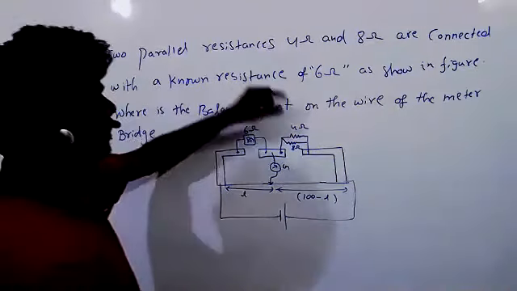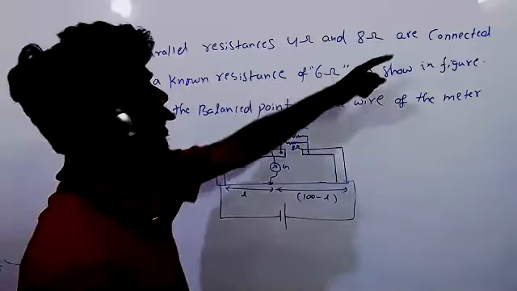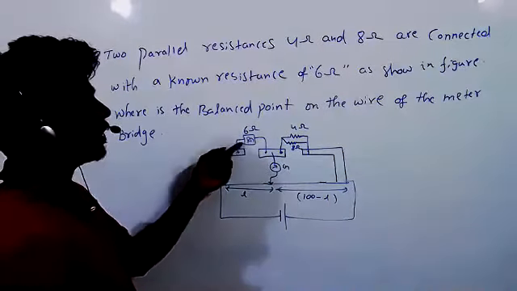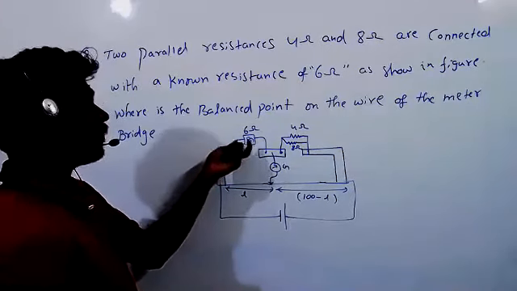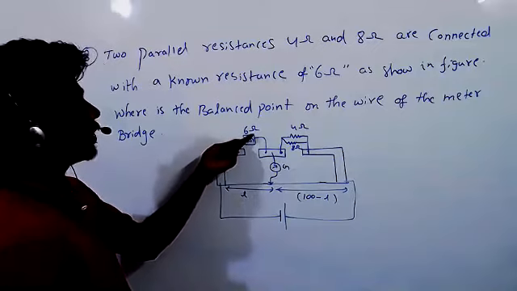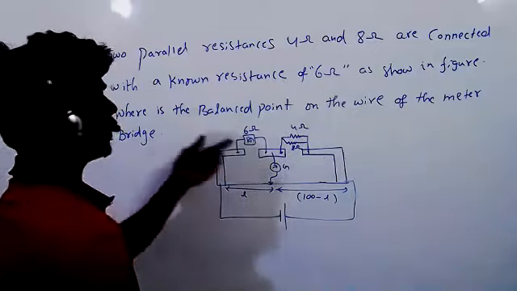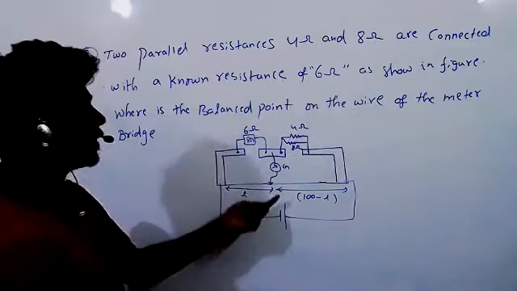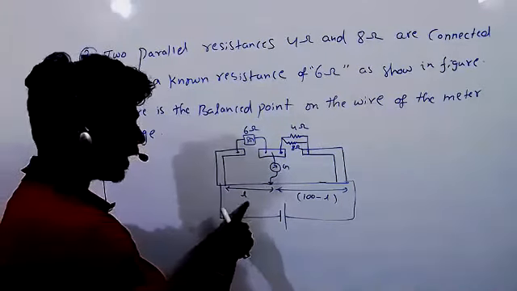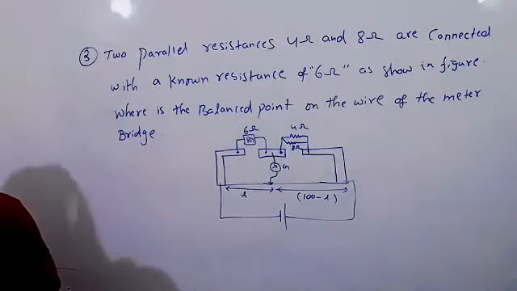Two parallel resistances like this are connected with the known resistance. It is the known resistance, fixed. We can adjust, right? The adjusted resistance they have given is 6 ohms, as shown in the figure. And where is the balanced point? You have to find out this balanced point. What is the balanced point here? L.